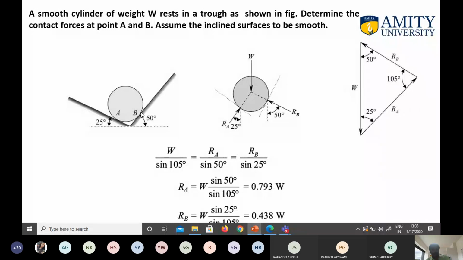So we will be taking some value here. We will not be taking W here. Just see how we have to solve this type of problem. This angle was 50 degrees.